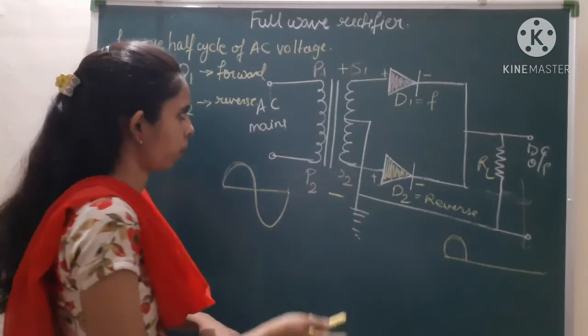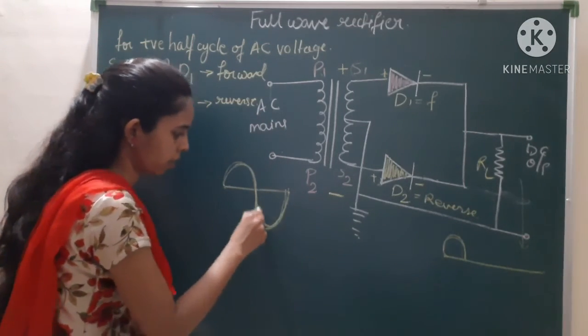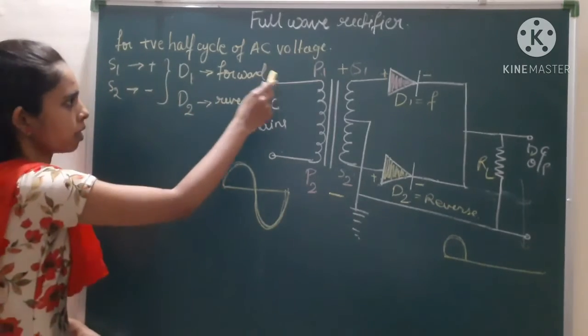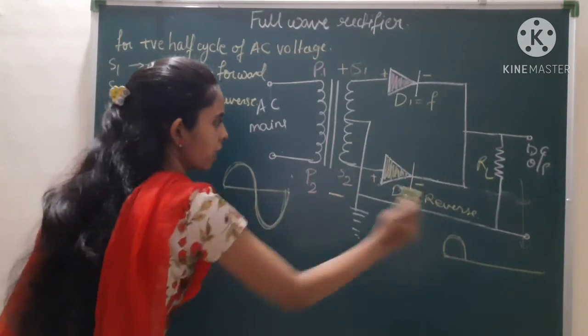Okay. Now, what is happening at the second half cycle? Second negative half cycle of this AC main. This is AC. Okay. Now here it is DC.